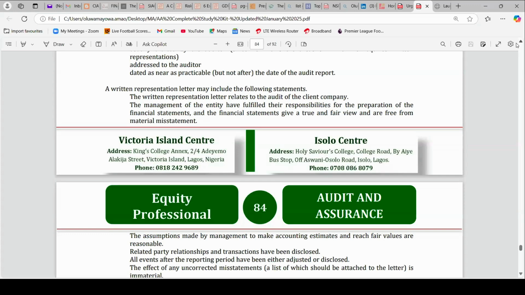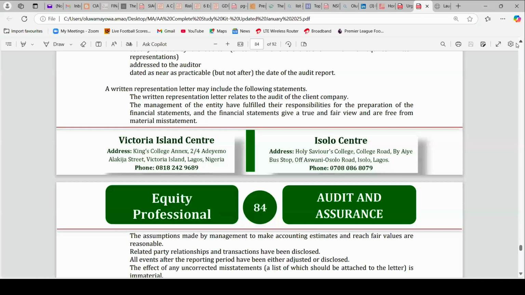Then lastly, after discussing the matter with management and evaluating whether the management integrity is intact or there is question here and there or not, the next thing the auditor should do is to take appropriate action, including considering the effect on his audit report. What do we mean? The auditor will now look at, okay, if I don't obtain this written representation, maybe it will have an effect on the audit report I'm preparing, whereby I might have to give a modified report.